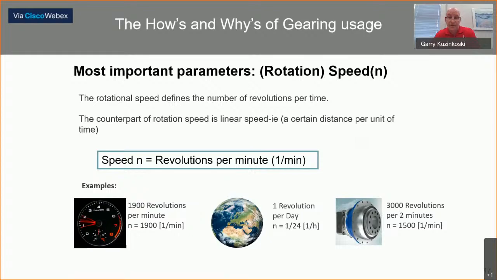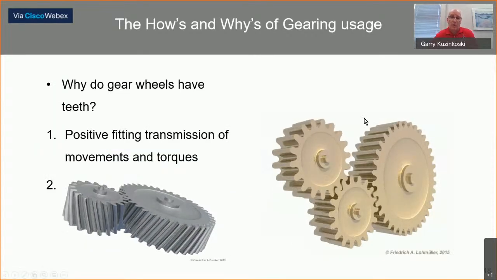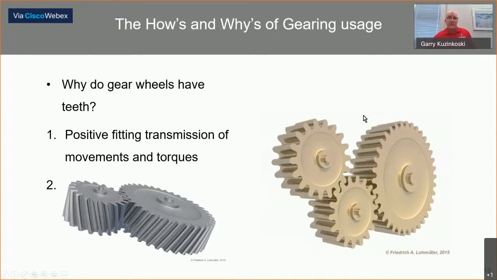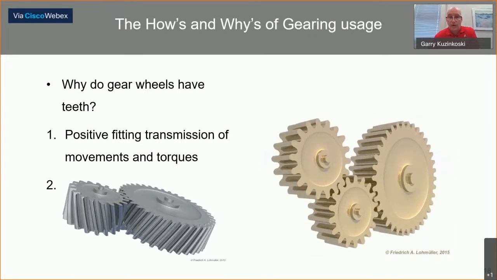I've got 1500 as an end result for the RPMs because it's a 2-to-1 match. So these animations give us a good idea of why the gears have teeth. So it's a more direct, positive fitting transmission of the movements and the torques.